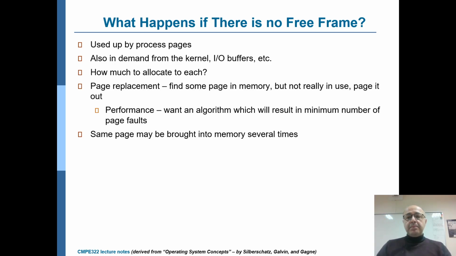This is called page replacement, because you're replacing a page by another page. And if the victim pages are selected carefully, this would significantly improve the performance of the system.